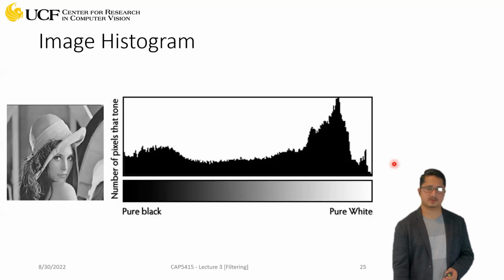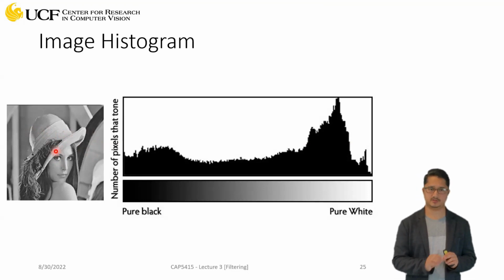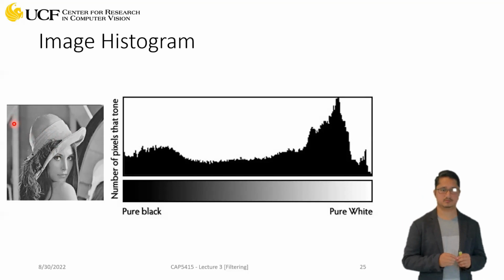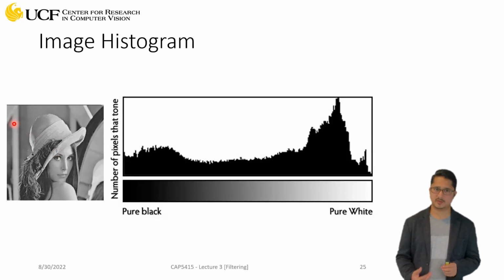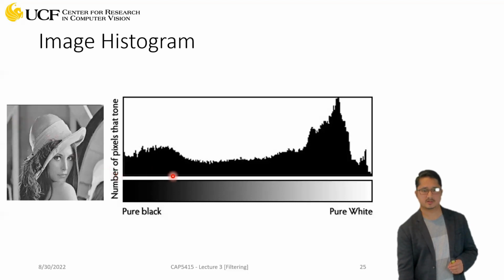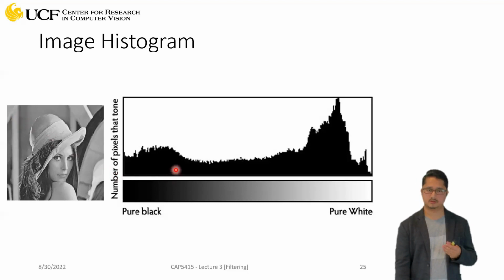So let's say you have this image shown on the left. You know that you have a certain set of pixels in this image, right? And each pixel has a grayscale value. Now, what histogram means is, first of all, this operates on the range of this image.